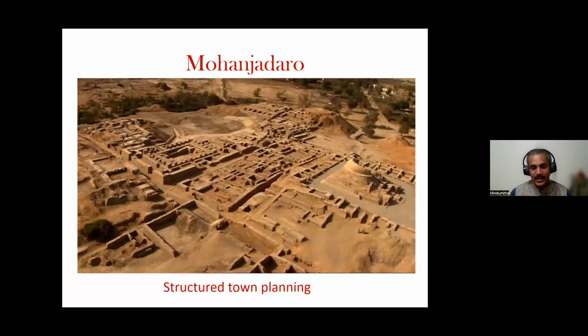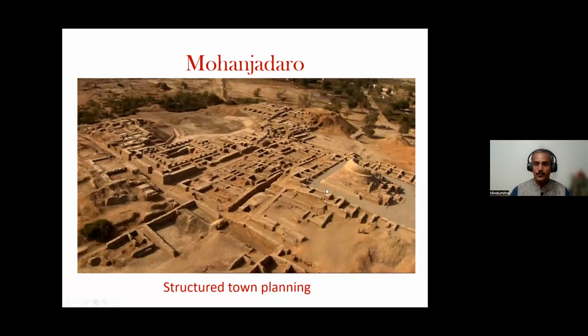In spite of that, we found magnificent town planning structures in Mohenjo-daro. And it is clearly seen that this is the upper city. The city has a unique commercial complex, residential complex, and working complex, so it is well organized.